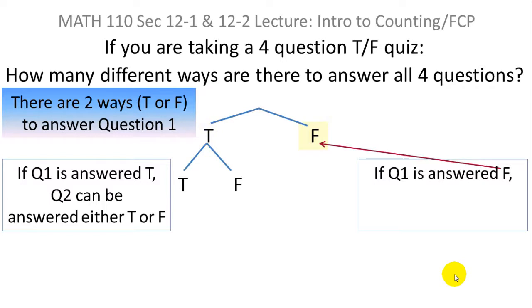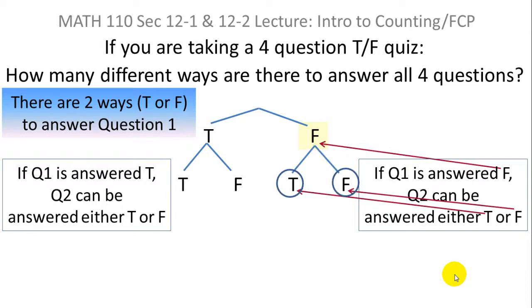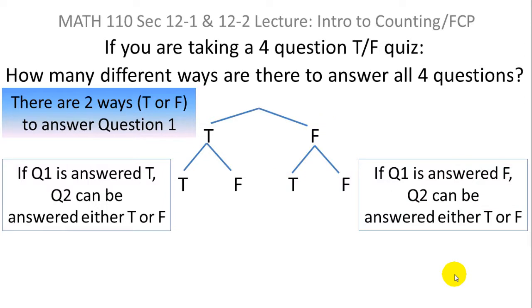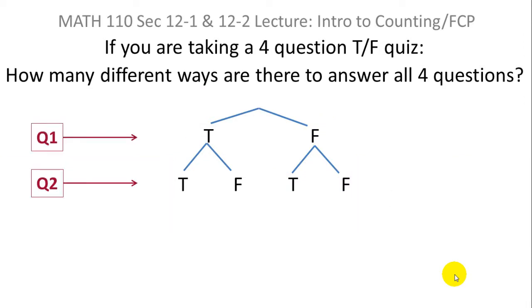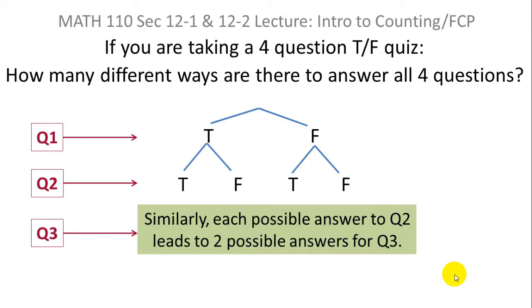Conversely, suppose you answered false for question 1. Nevertheless, you still have choices of either true or false for question 2. Generates another series for your branch. Now let's move on to question 3. You've already done 1, you've already done 2. Question 3, every time you hit the tip of a branch, since each question can be answered true or false, you have 2 more possibilities.